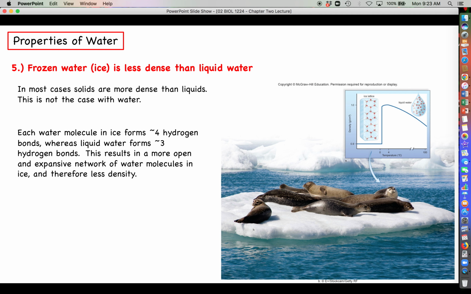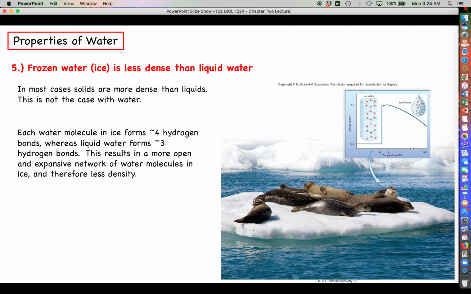In liquid water, this is only about 3 hydrogen bonds. So water molecules in ice are a lot more open and expansive and a lot less dense. So again, the hydrogen bonding ability of water is your explanation for all of these properties that we've discussed, including the idea that ice is less dense than water.